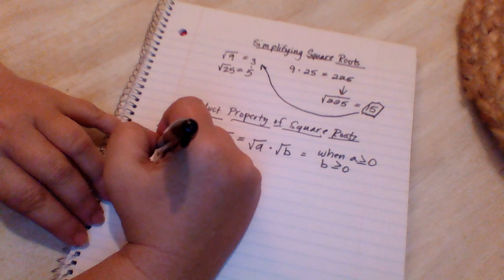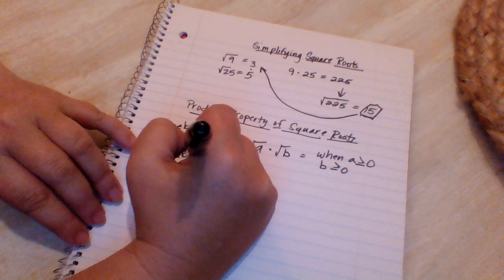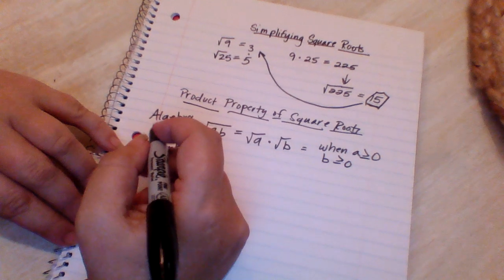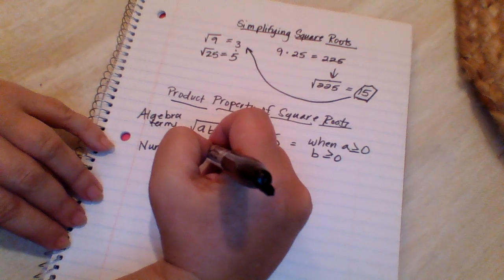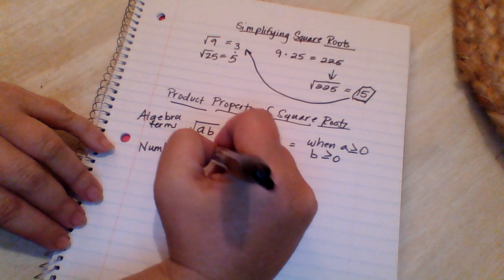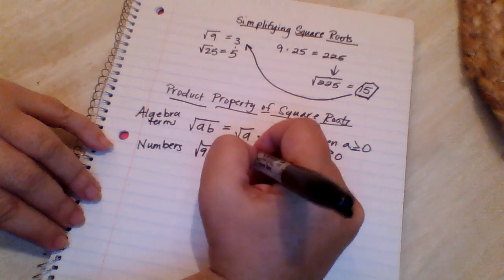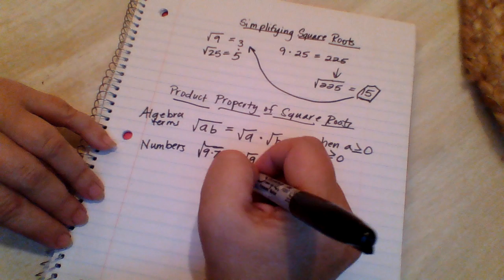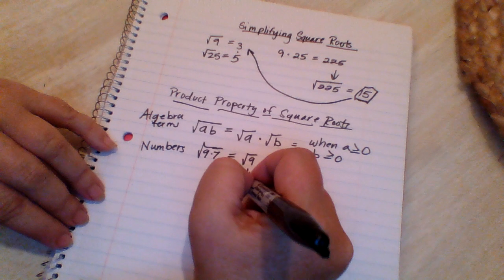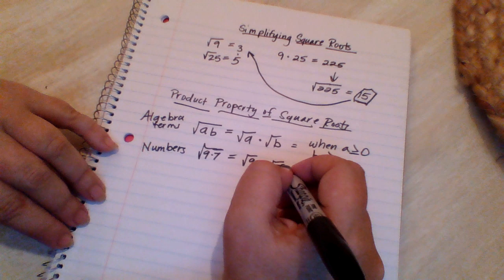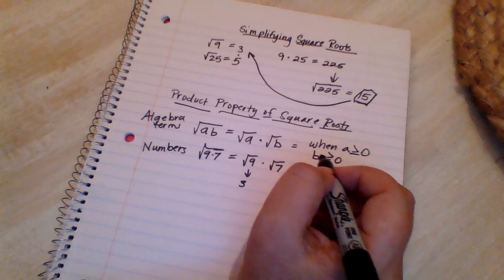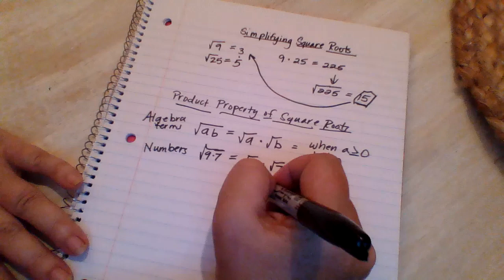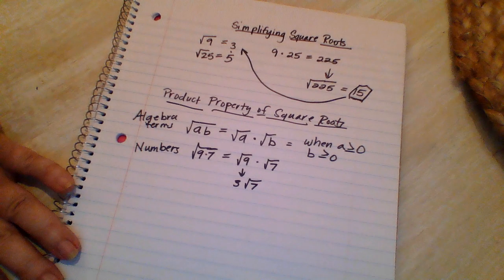But we can also do this in numbers. So if we said the square root of 9 times 7, that's the same thing as the square root of 9 times the square root of 7. We know that the square root of 9 is 3, and we know that 7 is as simplified as it can be. So our answer would be 3 times the square root of 7.